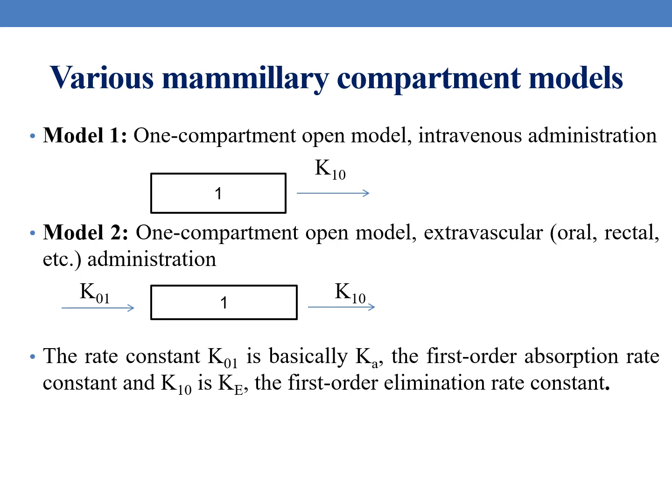The second model is one compartment open model, extravascular administration, that is oral, rectal, etc. In case of model 2, the rate constant K01 is basically Ka, that is first order absorption rate constant, and K10 is Ke, that is first order elimination rate constant.